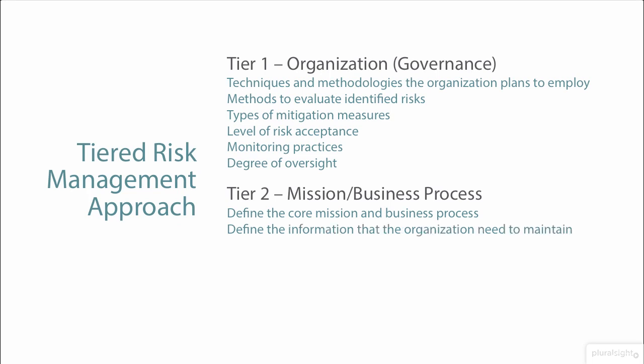And then define the information that the organization needs to maintain. And I'm just going to bring back in the whole concept of the CIA triad. And so we're thinking about the data that the organization needs. What's confidential? What do we need to make sure that we're maintaining integrity on, that we have availability for? Some information that the organization has isn't actually necessary to the business process or to achieving the mission goals for the business.